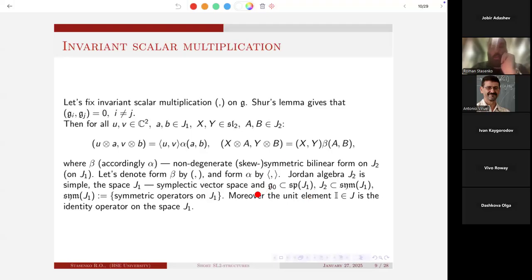Moreover, the unit element of the Jordan algebra is the identity operator on this space U1.